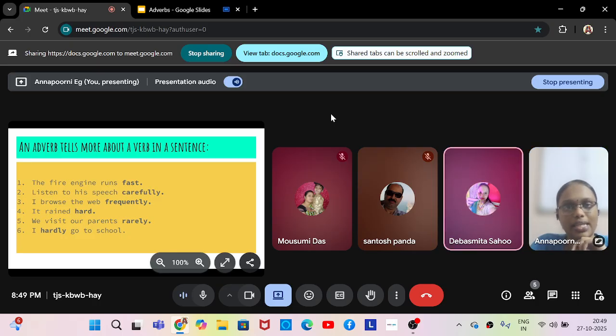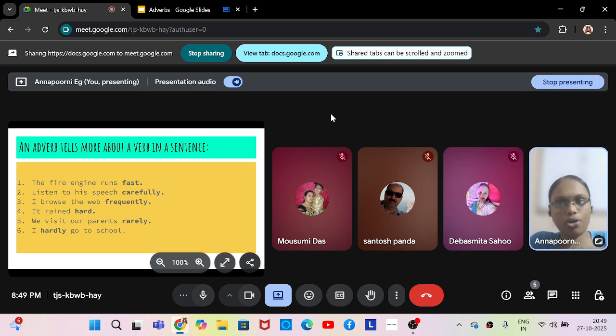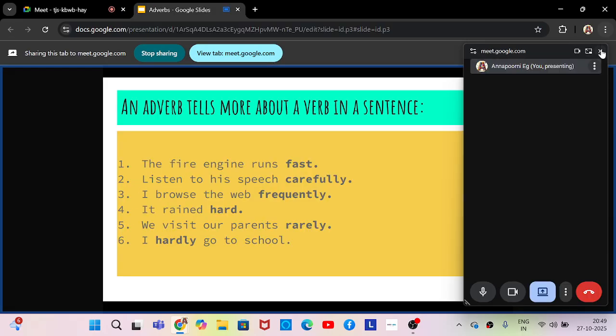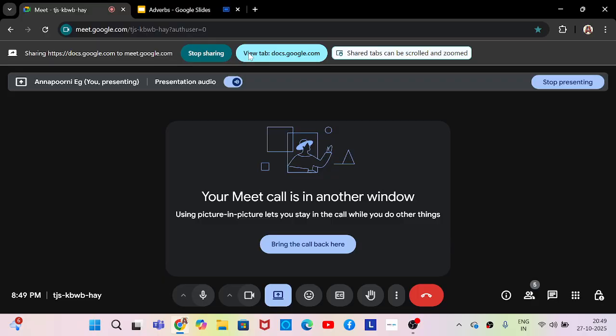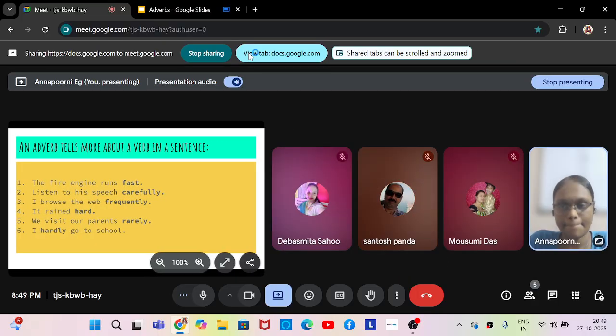It's a verb. Yes. So it rained hard. Here hard is describing an action, so it is an adverb. Depending on the situation, sometimes hard can be used as an adjective and at other times it can also be used as an adverb. Got it? It depends on the situation. Are you able to understand? Yes, ma'am.